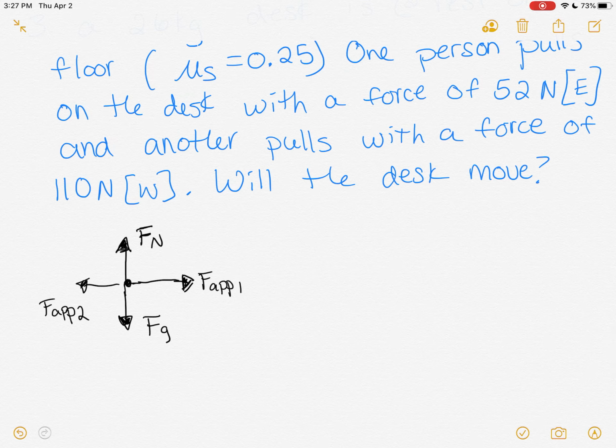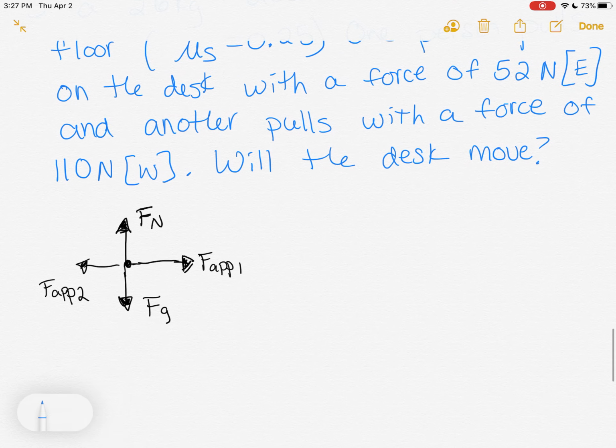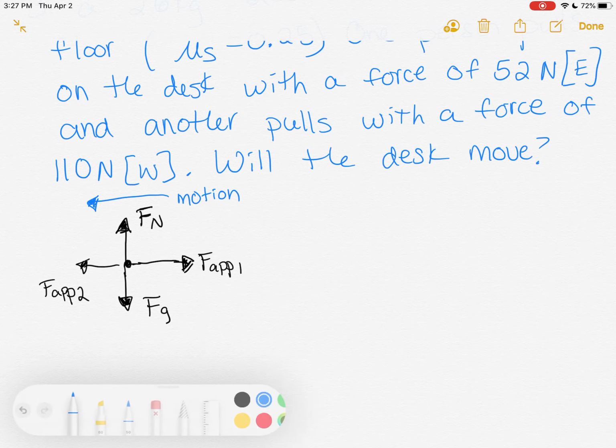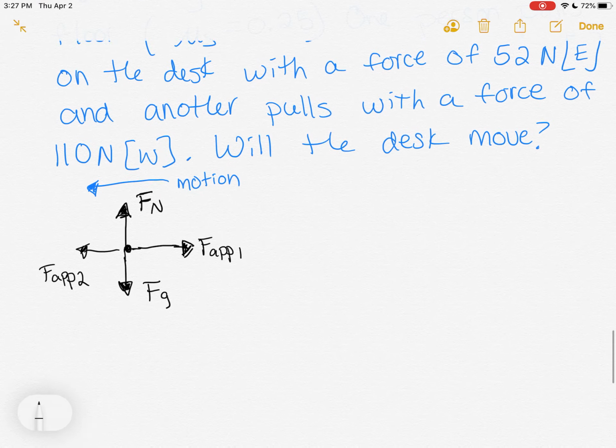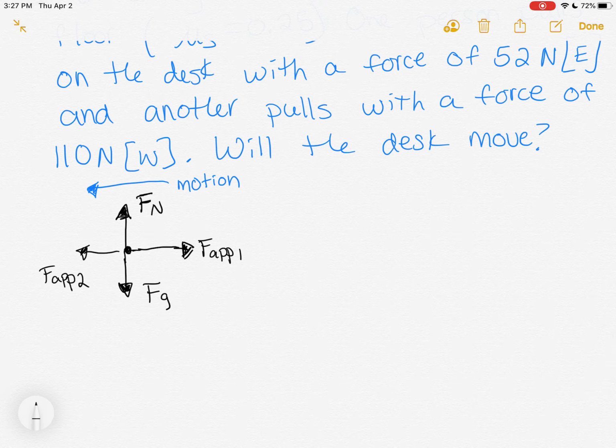Now, in this case, I'm not sure if the desk is going to move or not. So what I'm going to do is decide which direction is going to be my motion. So I'm going to choose to put my motion going to the left. And since I've chosen my motion going to the left, my Fs is going to have to be going to the right.